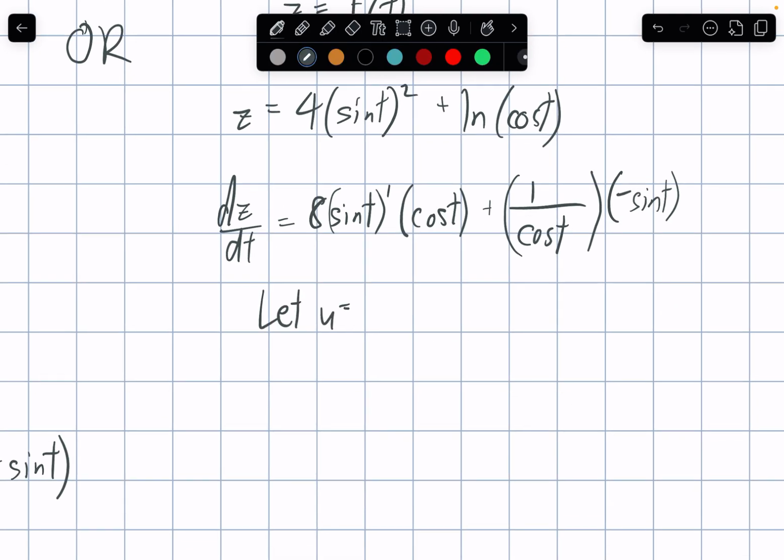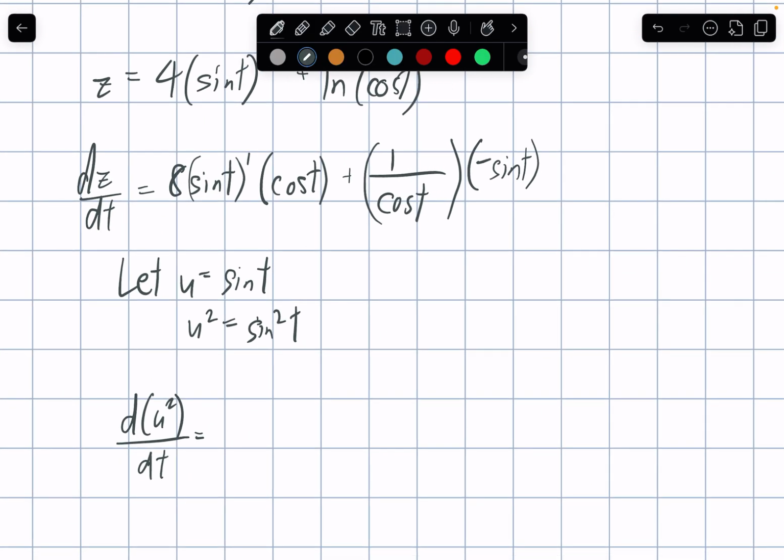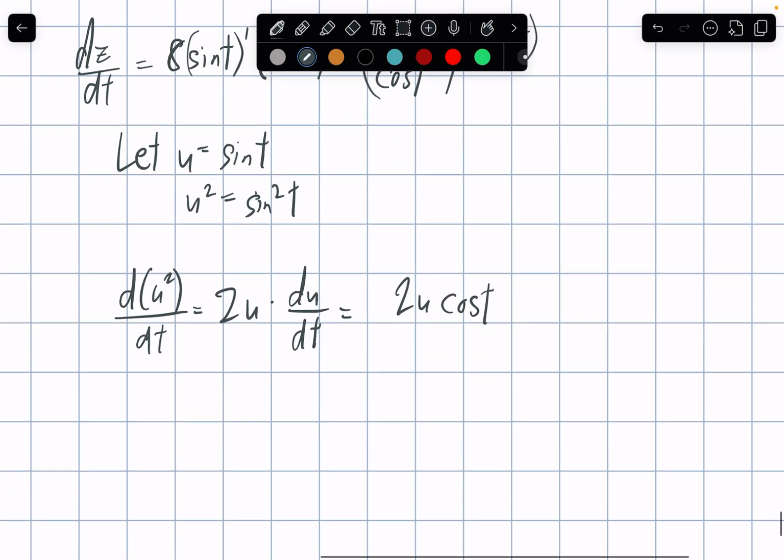This time let u equal sine t, so u squared equals sine squared t. This is where it gets relatively confusing, so try to figure it out. 2u times du over dt is equal to 2u cosine t.